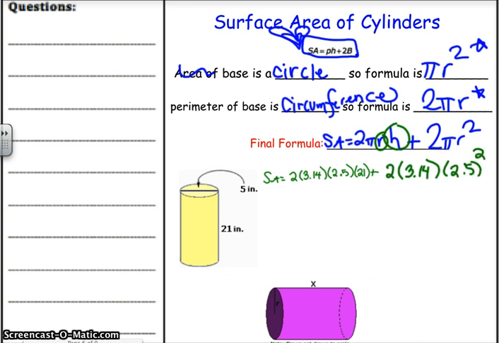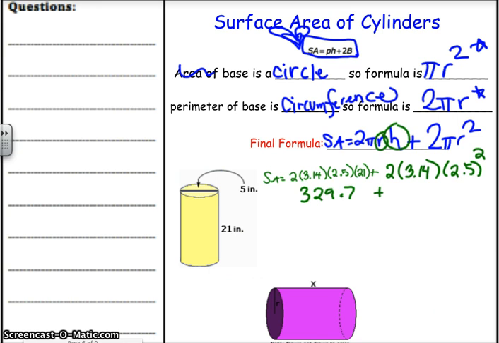Now don't plug this all into your calculator at once. It's going to mess things up. I figure out the left side of the plus sign, write it. I figure out the right side of the plus sign, write it, and then I add them last. So 2 times 3.14 times 2.5 times 21 is 329.7.